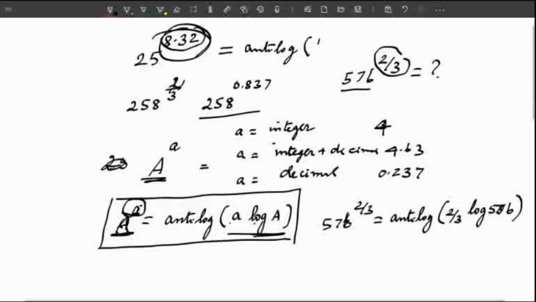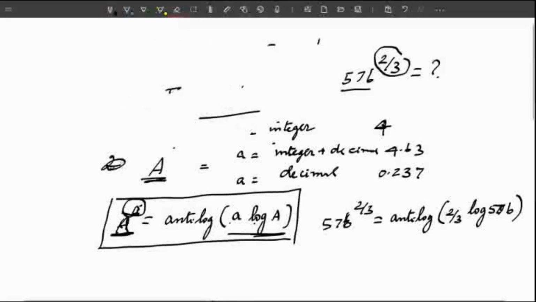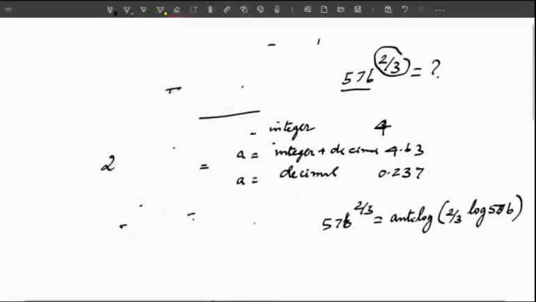Now we are going to work this out. First, find out log of 576. What is log 576?